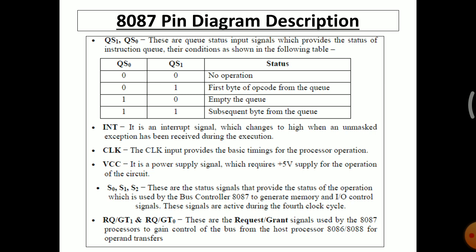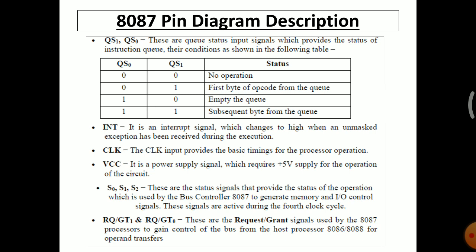If pins QS0 and QS1 have value 0, 0, it indicates that no operation is being performed. If it is 0, 1, it indicates the first byte of opcode from the queue has to be fetched. If the values are 1, 0 on QS0 and QS1, it indicates the queue is currently empty.